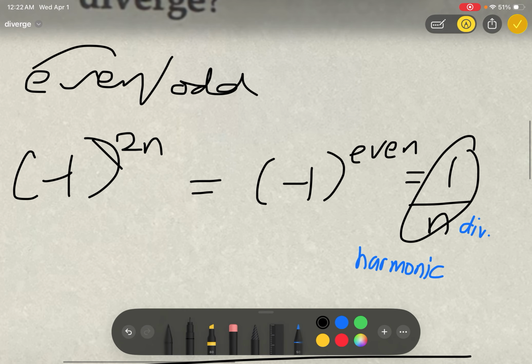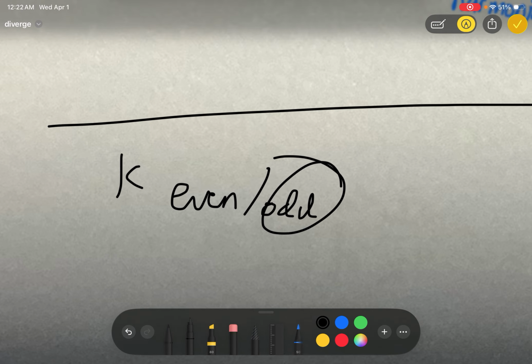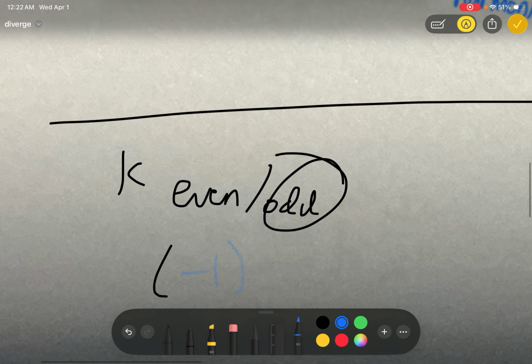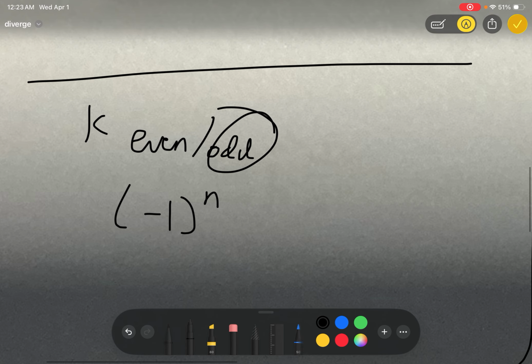Let me circle that this is even. -1 to the n. Alright, so whenever a number is odd, remember that -1 to the 1 is -1, -1 to the 3, -1 to the 5, 7, 9, 11, and so on, that's going to give you a negative number.